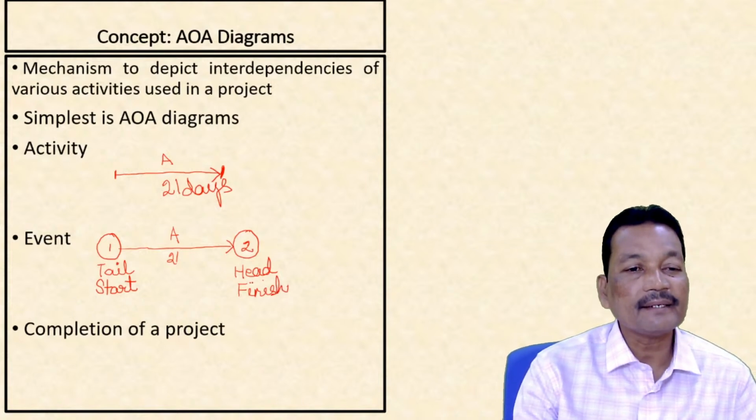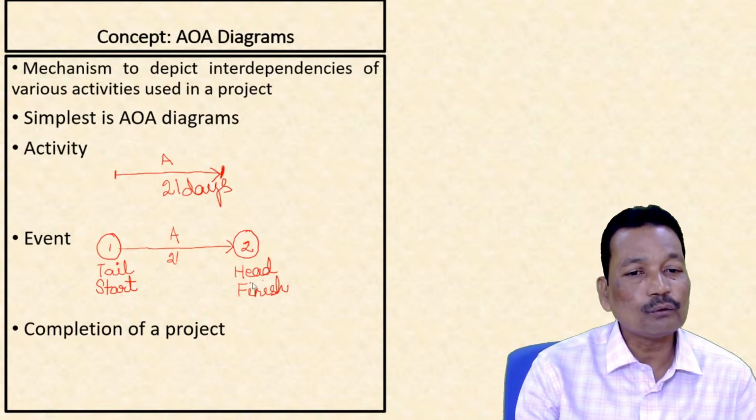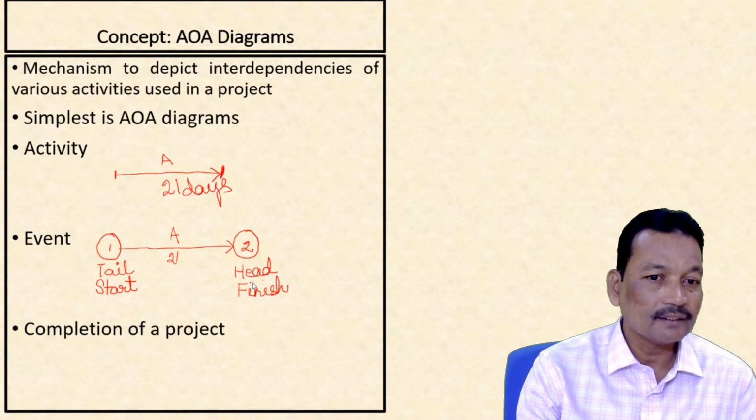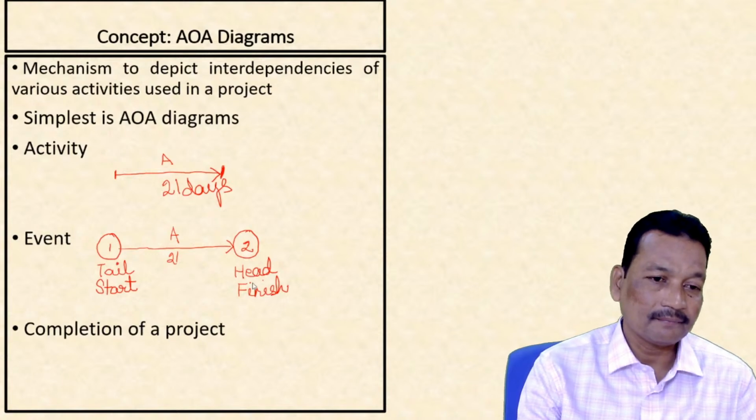So activity A, or any activity, will always have two events. One is starting or tail event. Second is the head or the finishing event.